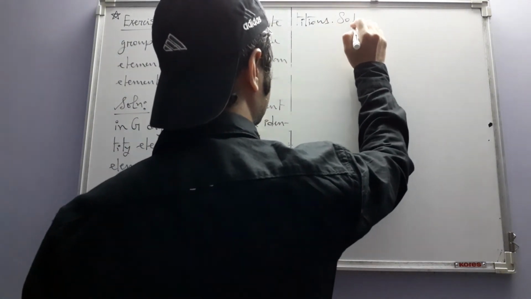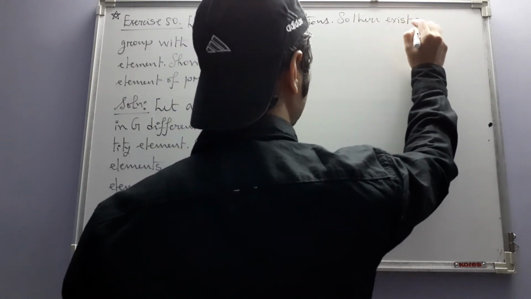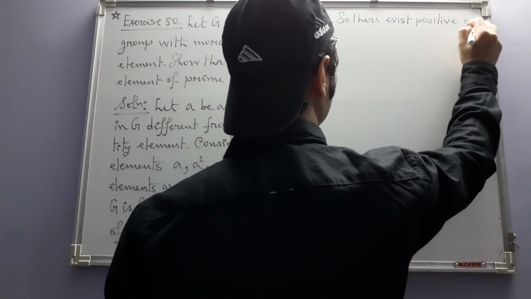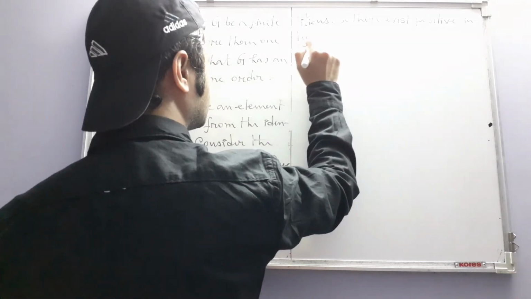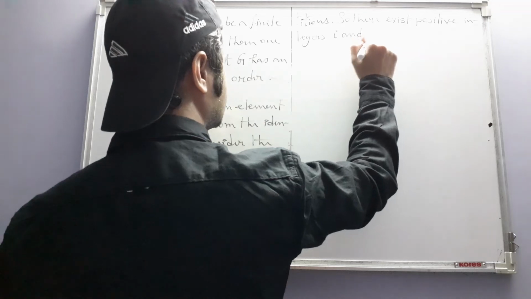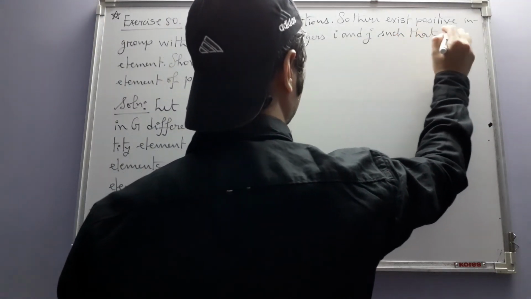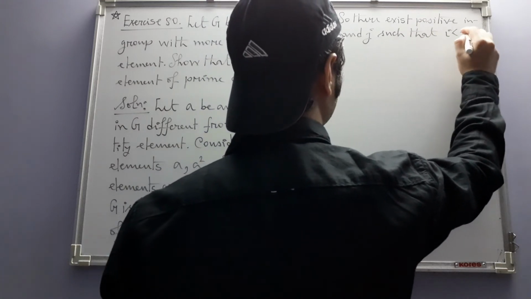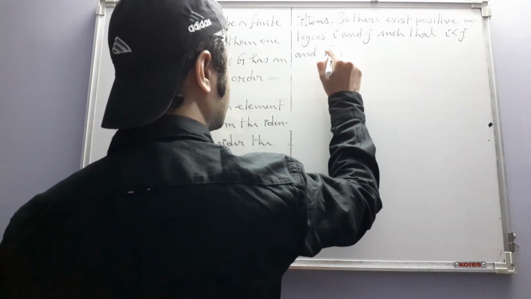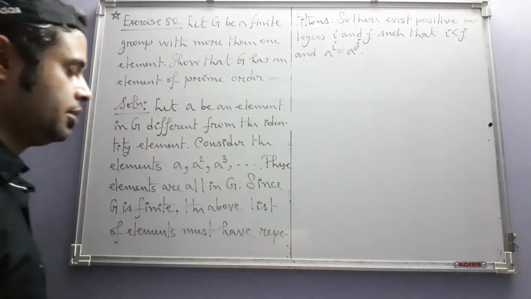So there exist positive integers I and j such that I is less than j and a to the power I is equal to a to the power j.